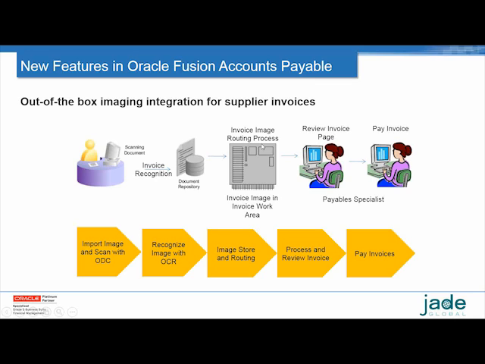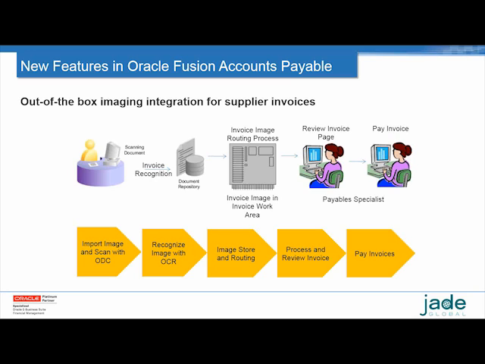So your scanned images are stored in that place for future purposes, for any audit purpose. If you want to use them, you can go and access them. And once the optical character recognizer reads all the attributes from this image, it creates the invoice in the system and notifies your AP specialist that all the invoices are scanned and they are ready for approval or ready for the payment process.